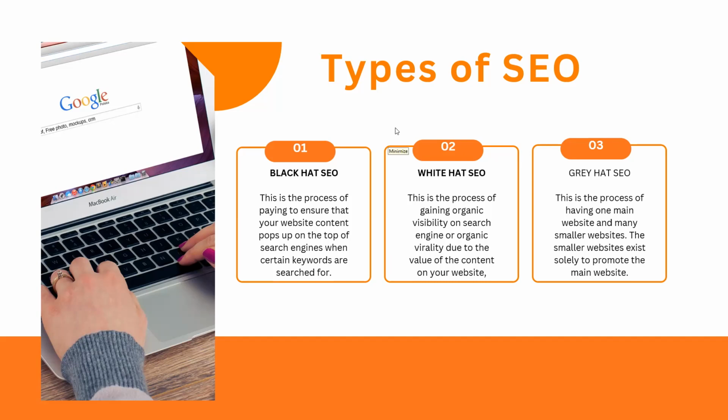Good. That is called the black hat SEO. Then the other ones that do not show ads in front of them are called the white hat SEO. It's just there because the content is valuable and highly related to what you are searching for. That is what black hat and white hat SEO is.